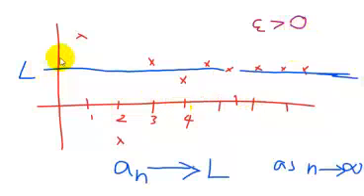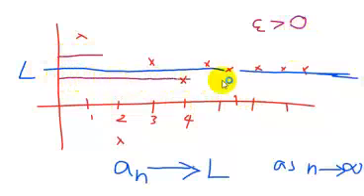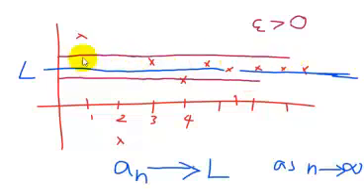I consider a strip, a ribbon around L. The width on this side is epsilon, and on this side also epsilon, so the width of this ribbon is 2 epsilon. Then what can I say?